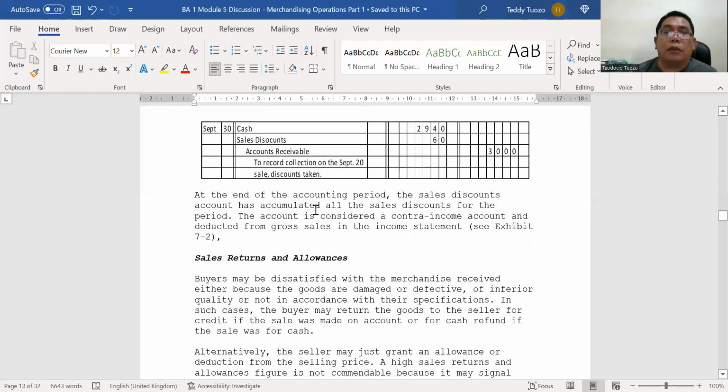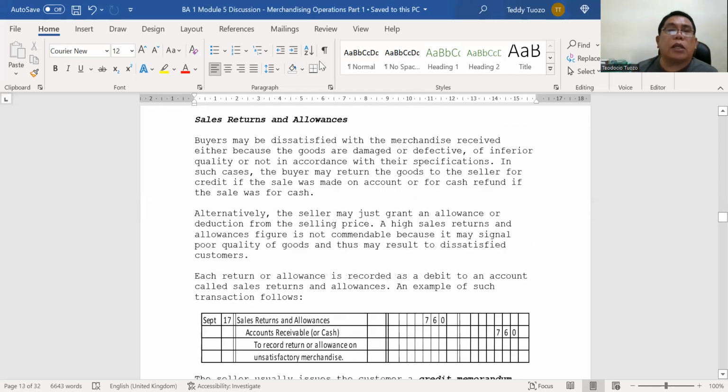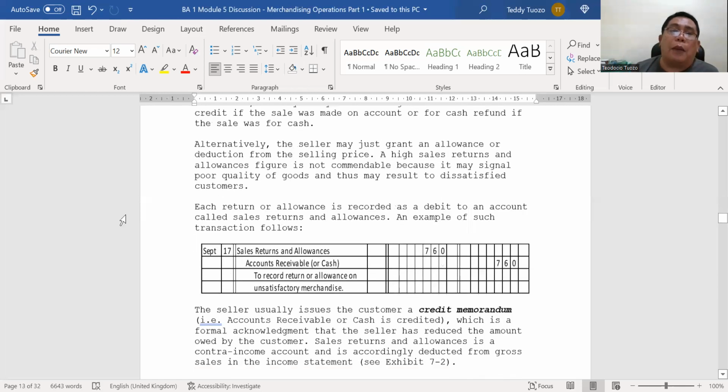Sales returns and allowances, of course: if you return goods, you being the buyer, later on you return them to the seller because they are damaged or expired, or you overlooked it. If accepted, if it is a valid reason acceptable to the seller, then it becomes sales returns and allowances.